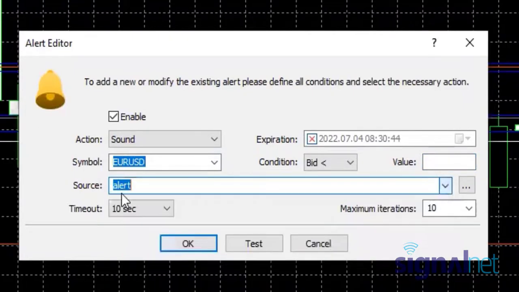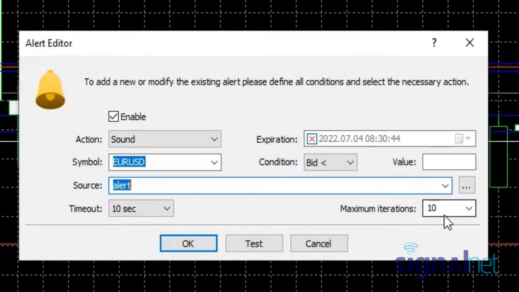The timeout is 10 seconds, with maximum iterations. You can change this to 5. Once the alert triggers, you can come back to it and just delete it. For me, I usually use iterations of 10.